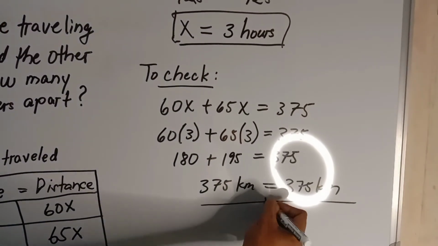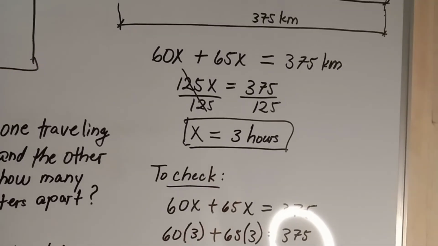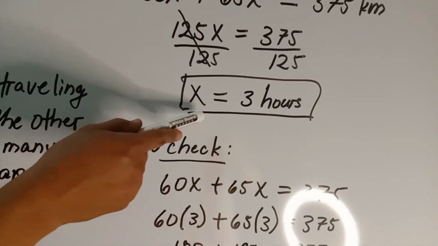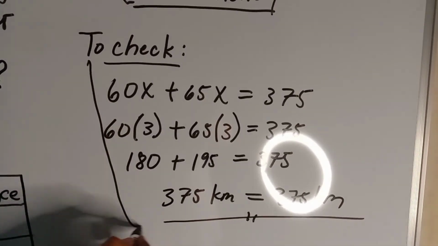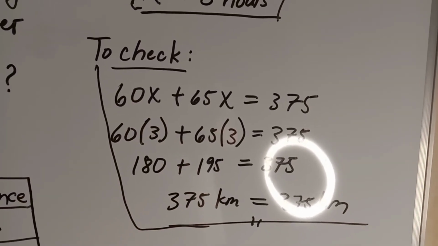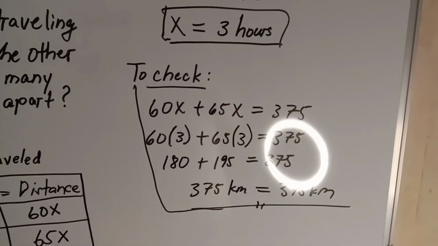So meaning to say, our final answer or our value of x, which is 3 hours, is correct based on this checking. So the final answer for this problem is 3 hours.